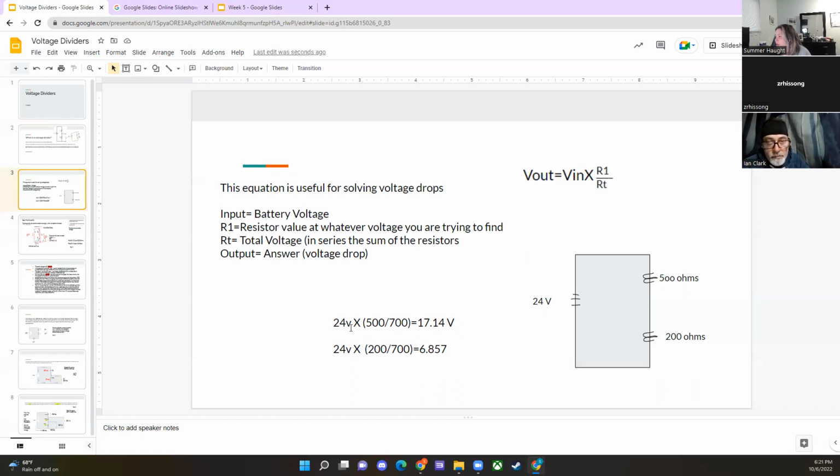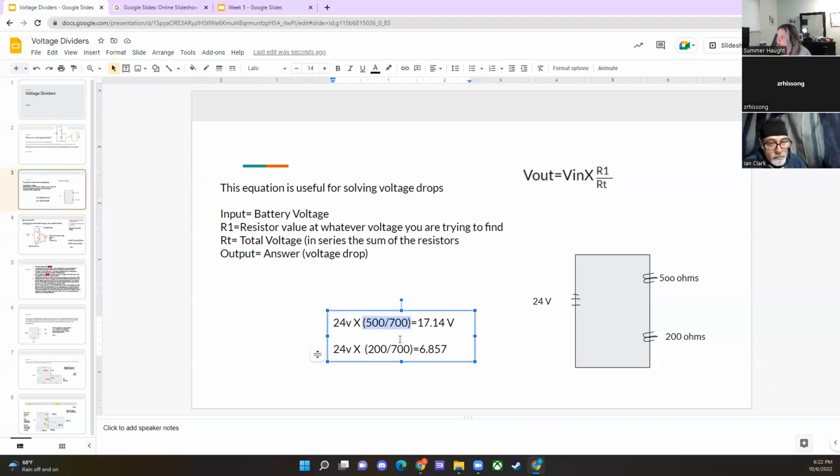So to do this first one, I'm doing it at this resistor. We have V in, which is 24, our battery, times 500 over 700. The way we got this portion is the resistor value, 500, divided by the total resistance, 700.